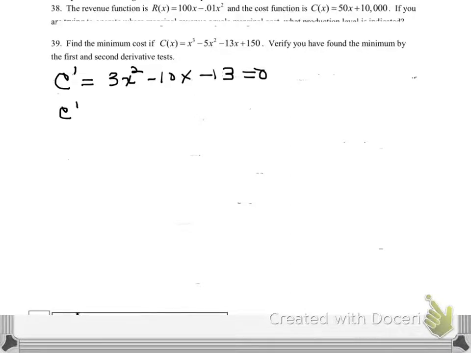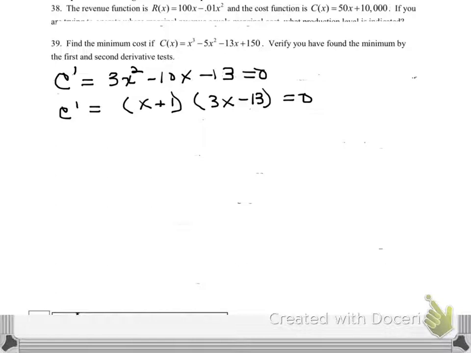That's going to be a hard factoring problem. I'm going to let you figure out how to do the hard factoring just to minimize the time we're spending on the video. But you should be able to factor this, and when I factor it, I get this for my factors. Set my factors equal to 0, I get two x values.